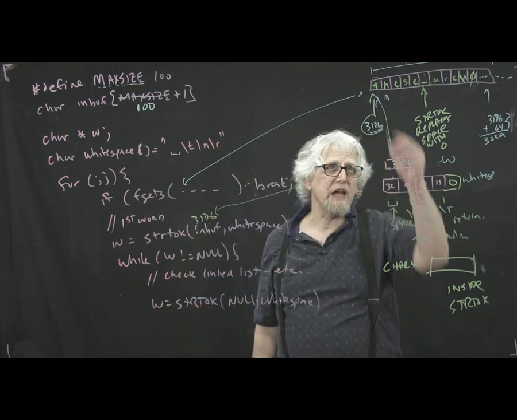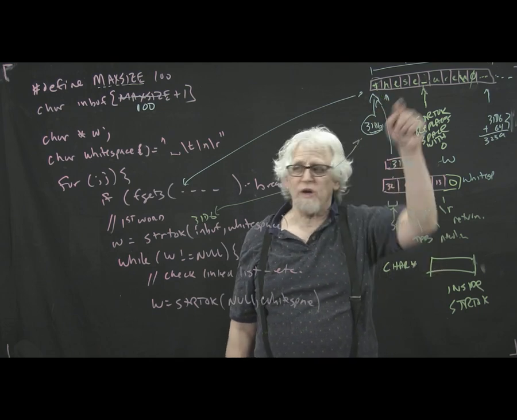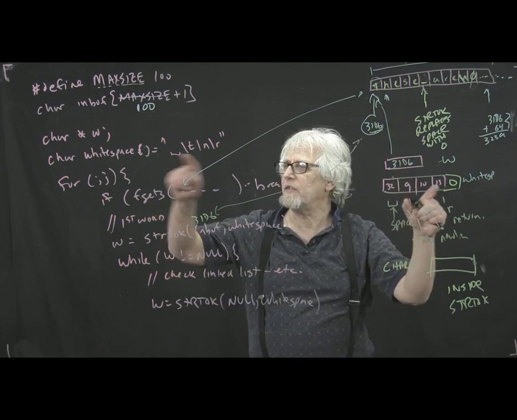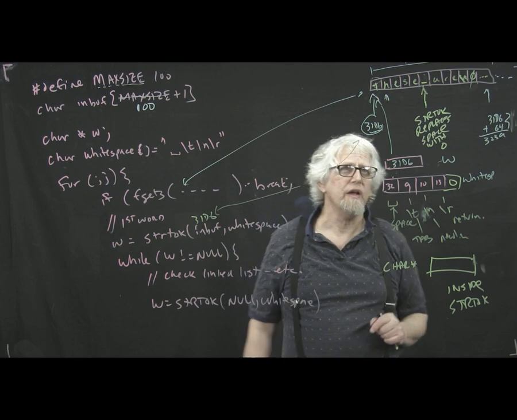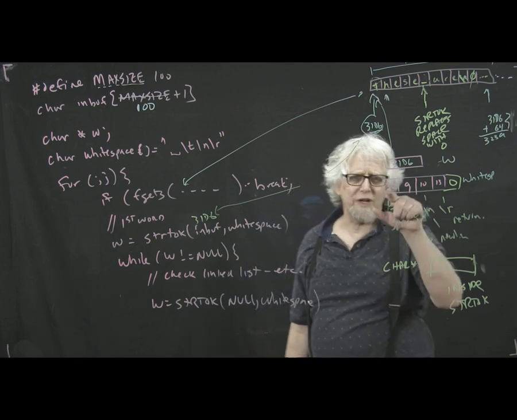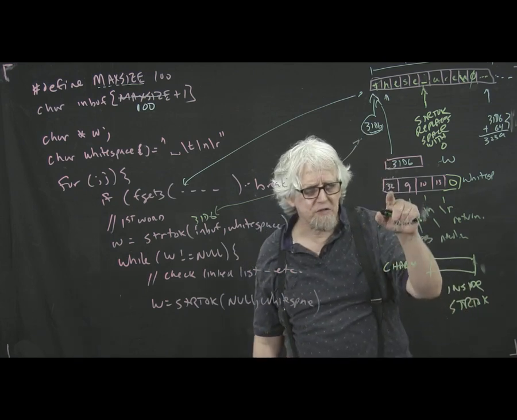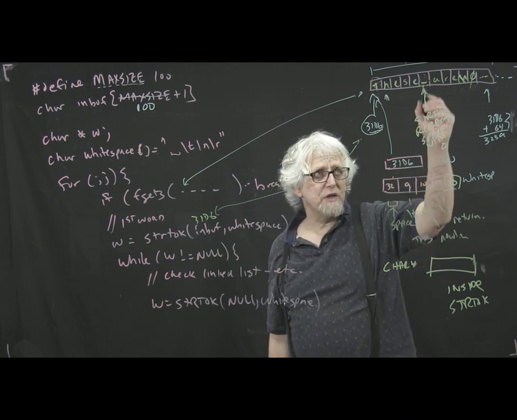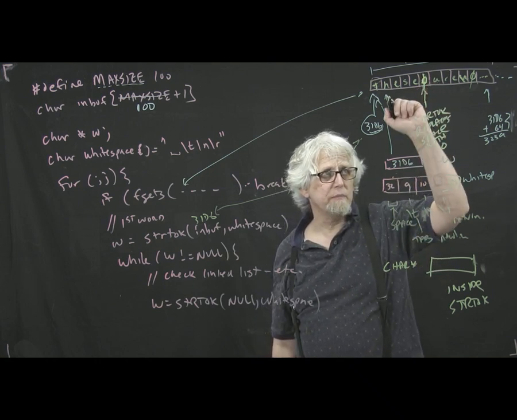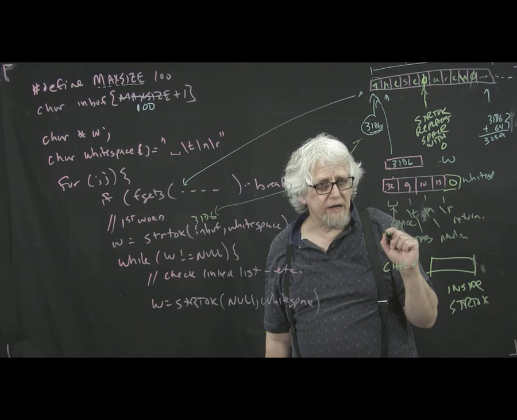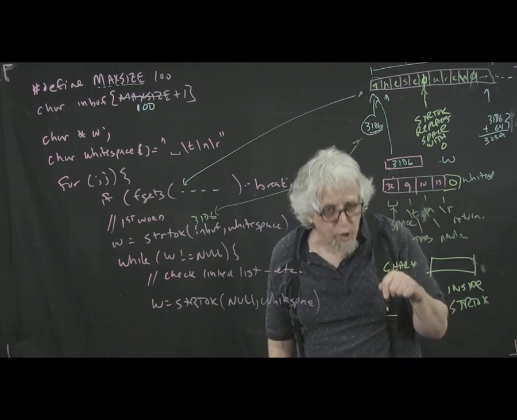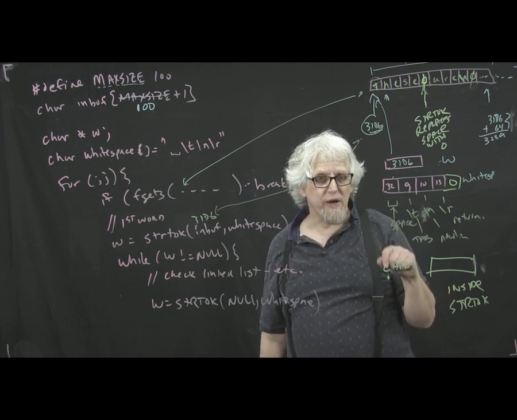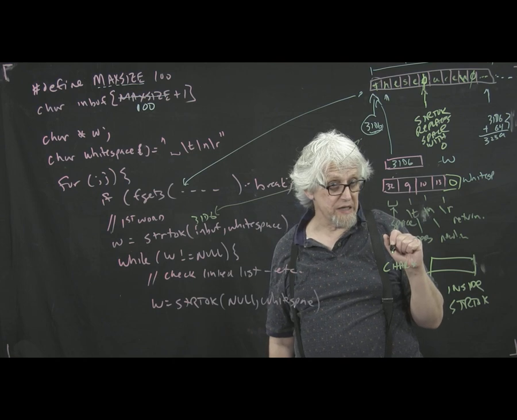Strtok scanned the characters in inbuff, looking to see whether any of the whitespace characters was there. Eventually it found one, a space here, and it put a 0 here. And then it remembered where that 0 is.